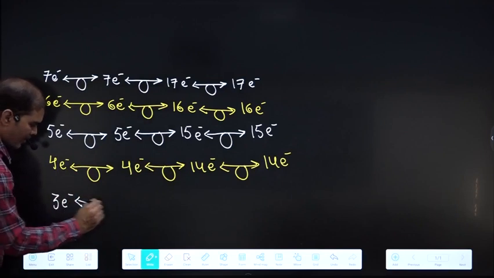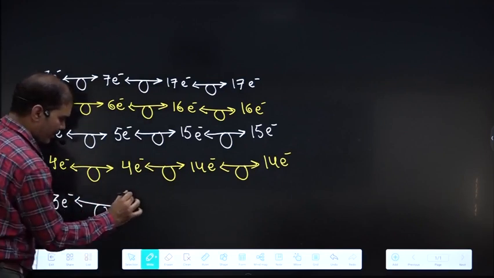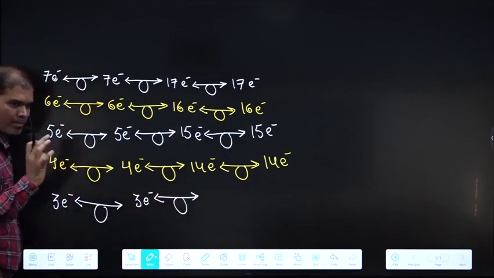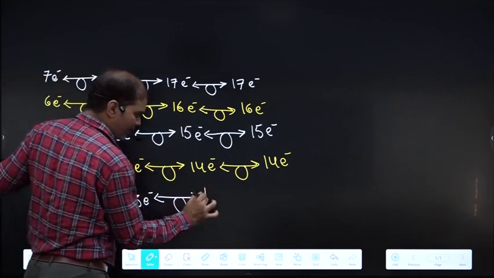Half lobe means, suppose I am choosing a p orbital, maybe from that p orbital just a half lobe.